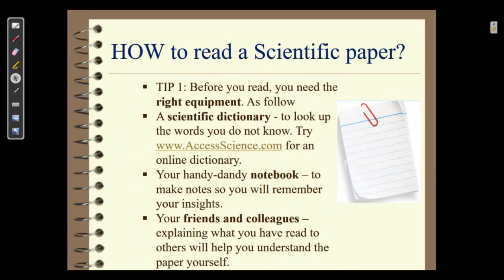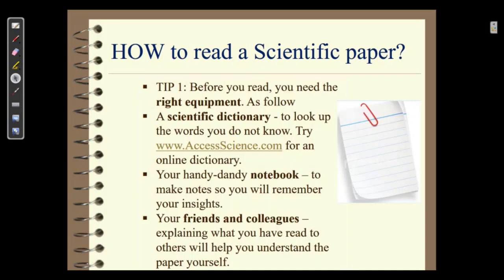So tip number one is we should have the right equipment. For example, we should have a scientific dictionary and a notebook, so that I can write down what I don't understand, and the words which are new to me.